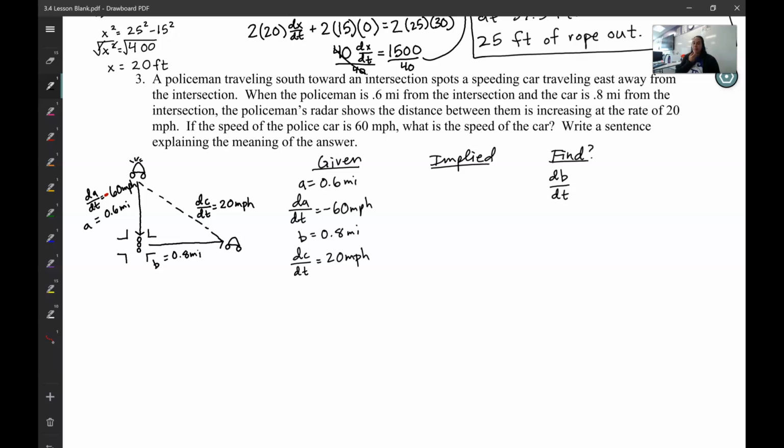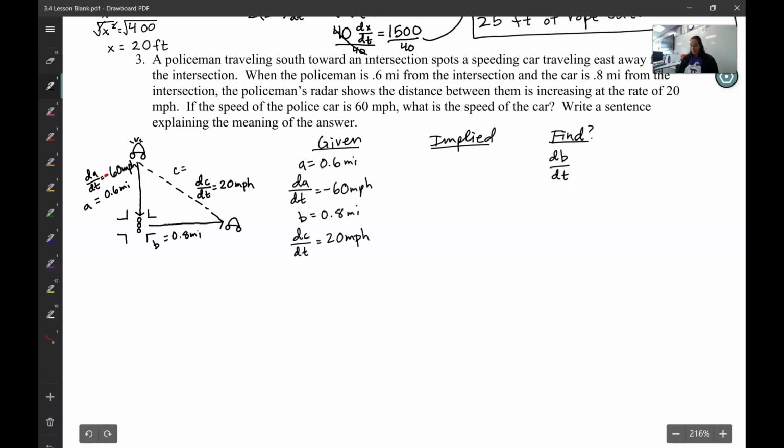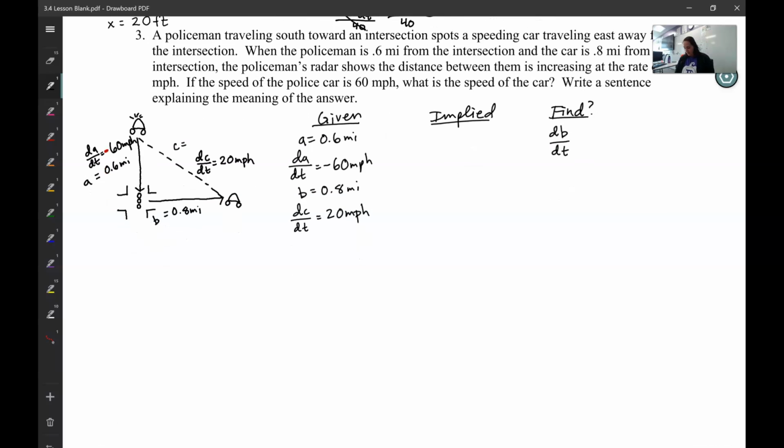Now let's think implied. First off, I have A, I have B. Is there any way we can find C? Once again, using Pythagorean's theorem. So I would have 0.6 squared plus 0.8 squared equals C squared, which is 1.